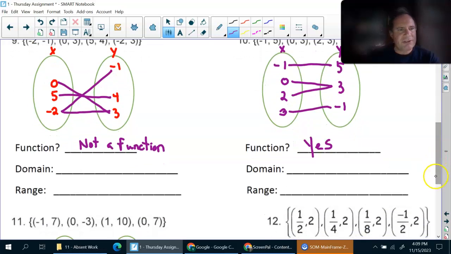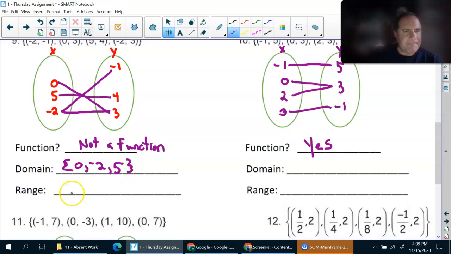Just to move it down a little bit, the domain would be, again, 0, -2, and 5. The range would be -1, 3, and 4, ordered from least to greatest.